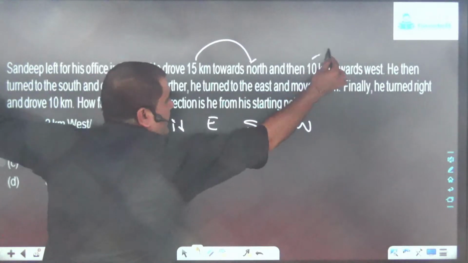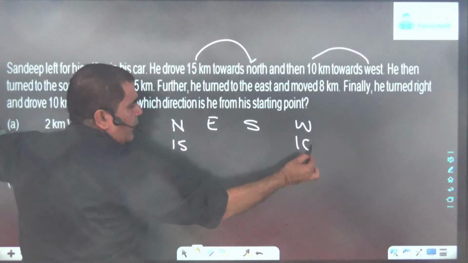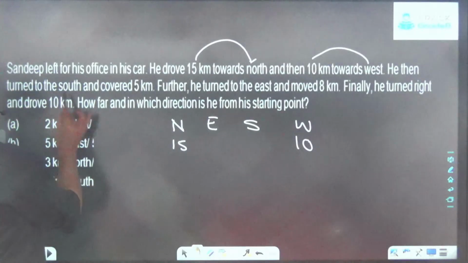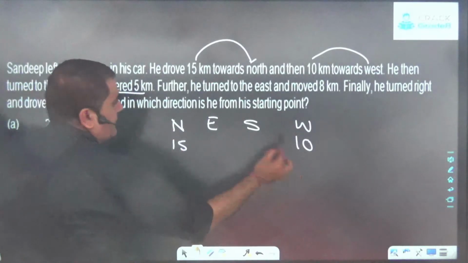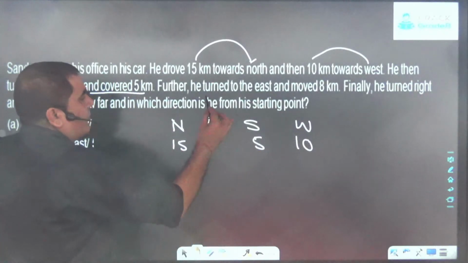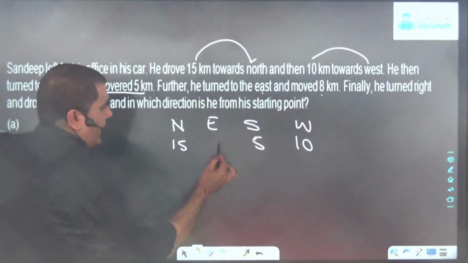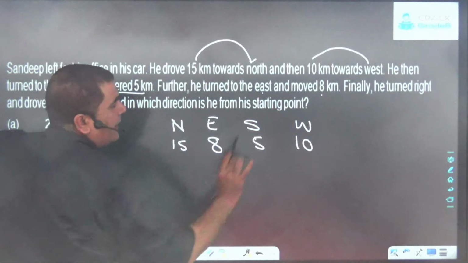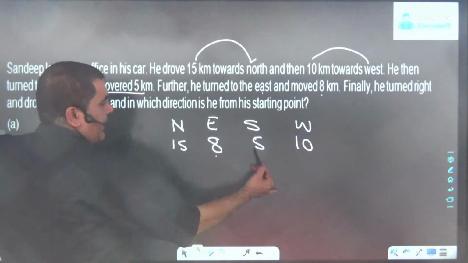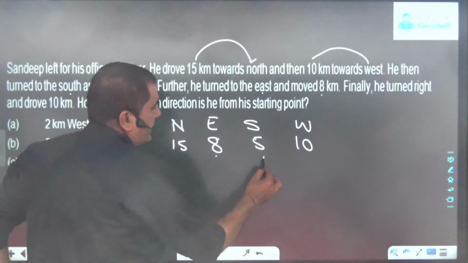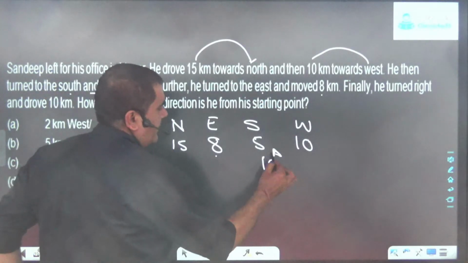Then 10 kilometers towards west, so write 10 below west. He then turns to the south and goes 5, so south 5. Further he turned to the east and moved 8, so east will have 8. Finally, he turned right. East, right will be south, and goes for 10. So this is 10.